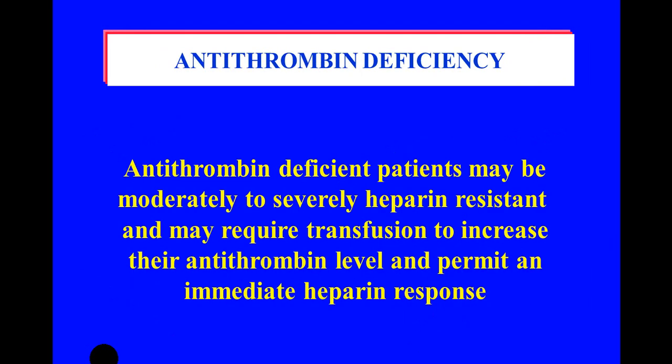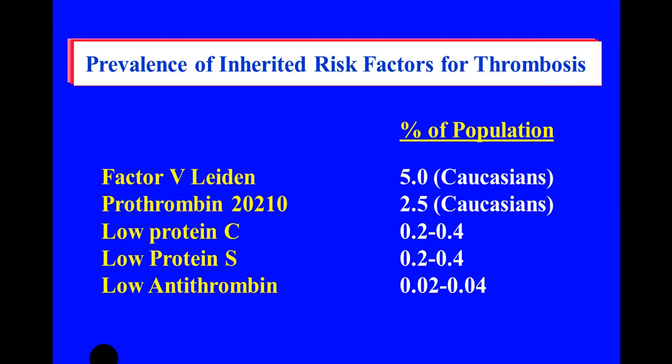Antithrombin deficient patients may be moderately to severely heparin resistant. Why? Because heparin depends on antithrombin for its action. So patients with antithrombin deficiency have less response to heparin. In this case, you should use other drugs or give a high dose of heparin.